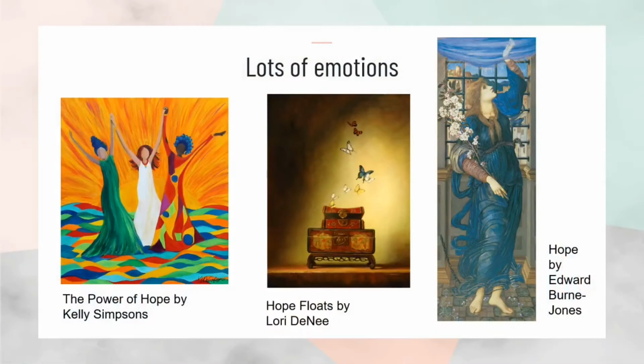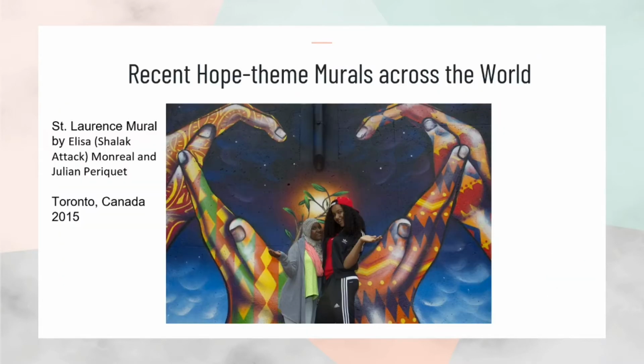And I'm going to show you some more recent examples. A lot of these are murals across the world. This is the St. Lawrence mural in Toronto, Canada. It was done about 5 years ago, and it's done by the two girls that you see in the picture there. I think it's Elisa Monreal and Julianne Paraquet, and that is in their neighborhood.